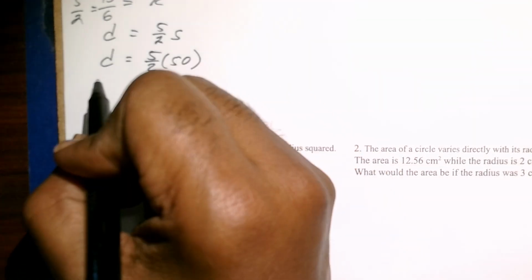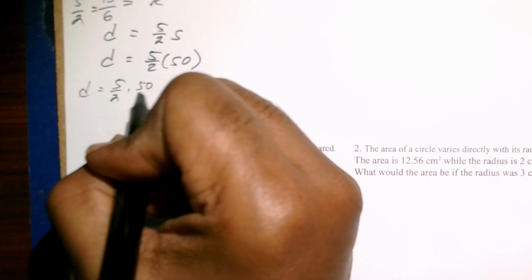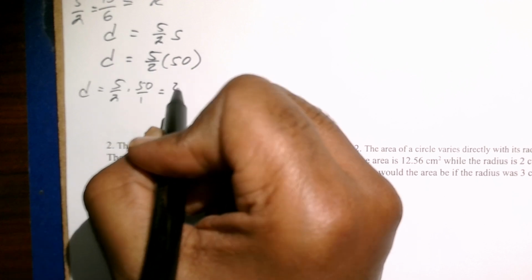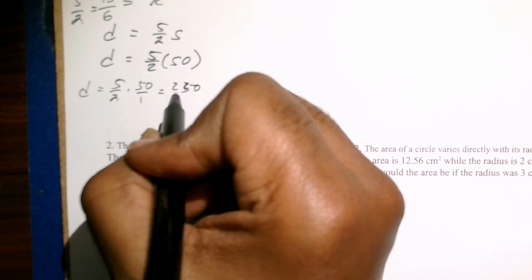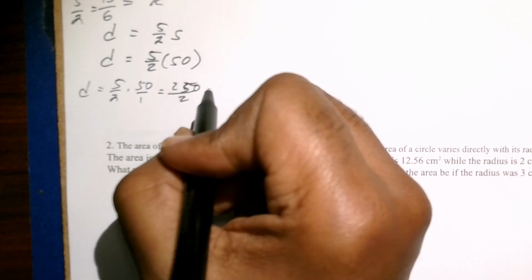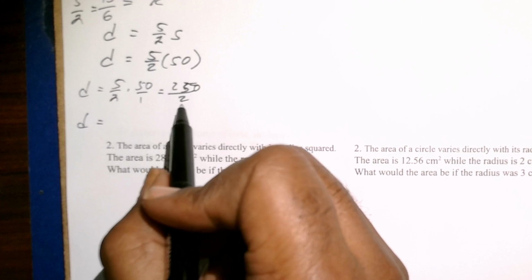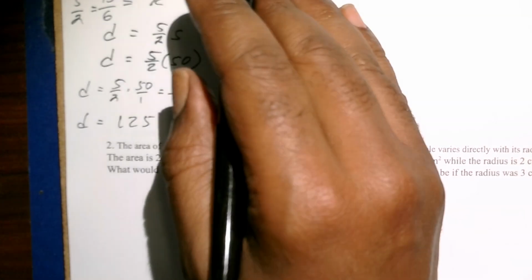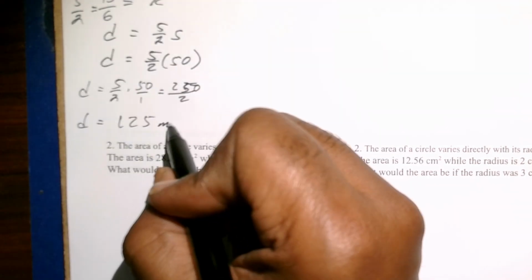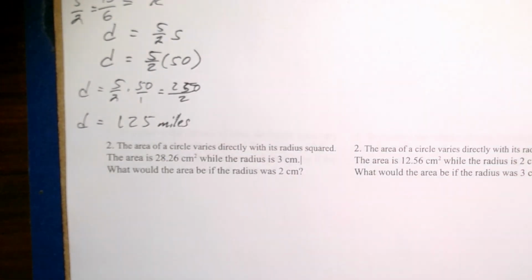If I make that 50 over 1, this will be d equals 5 over 2 times 50 over 1, which is 250 all over 2. And that will simplify to 125. And everything was miles per hour, so distance will be just miles. Okay, all right, let's do another one.